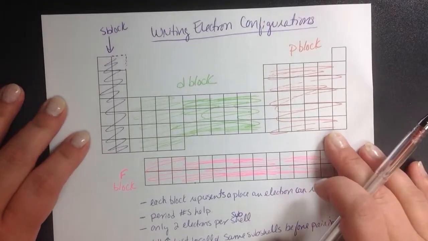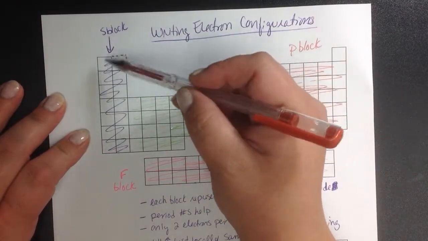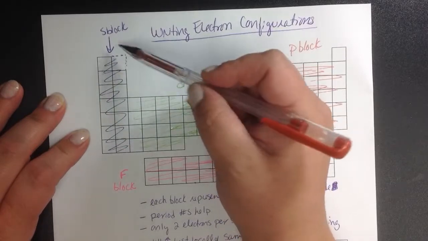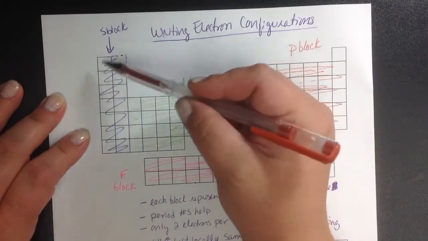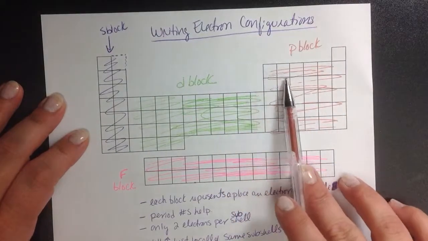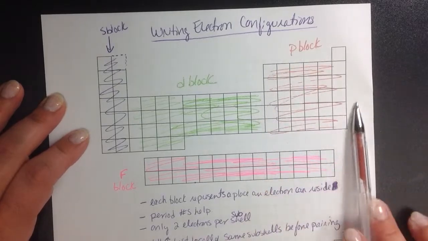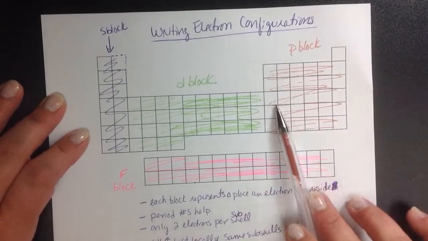I love this part. What we find is that there are 2 things over here. When you have a spot over here, that's filling an s block. There are 1, 2, 3, 4, 5, 6 over here, and that's what's filling p orbitals.